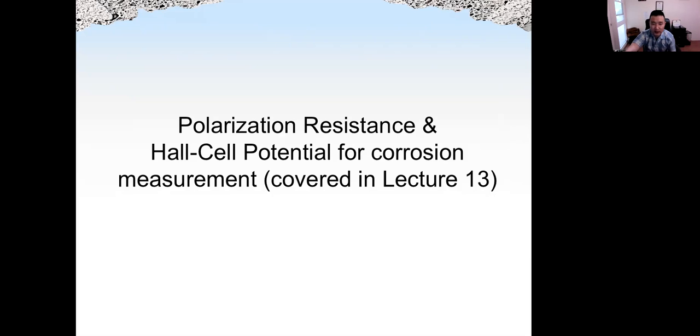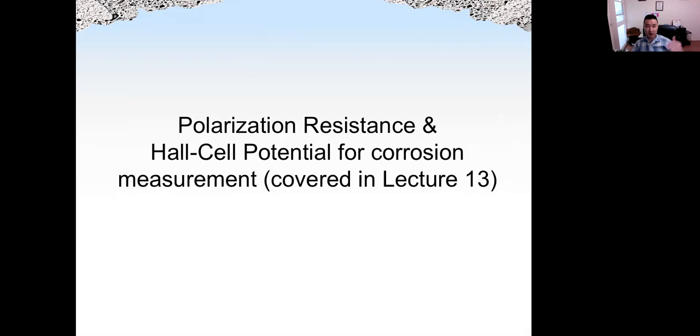These two methods we discussed before, polarization resistance and half-cell potential. These are two methods to measure corrosion, which is covered in lecture 13, where we discuss corrosion of reinforcement. One of the methods is to measure the probability of corrosion, which is the half-cell potential method. The other method, the linear polarization resistance method, measures the actual corrosion rate of steel reinforcement in concrete.